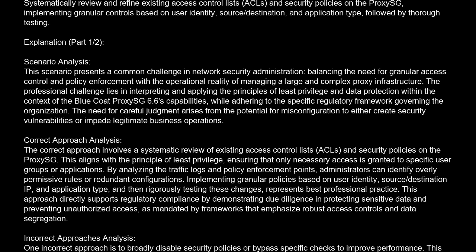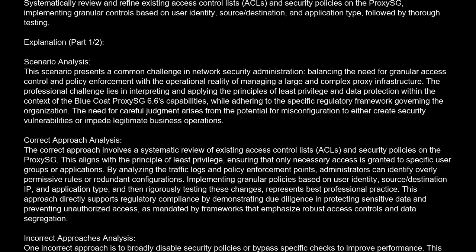operations. Correct approach analysis. The correct approach involves a systematic review of existing access control lists (ACL) and security policies on the ProxySG. This aligns with the principle of least privilege, ensuring that only necessary access is granted to specific user groups or applications.